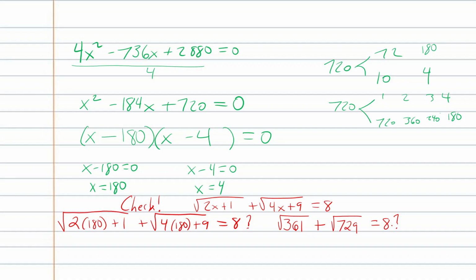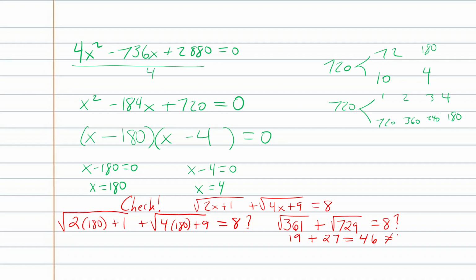Well, if I take the square root of 361, I get 19. If I take the square root of 729, I get 27. 19 plus 27 gives me 46.